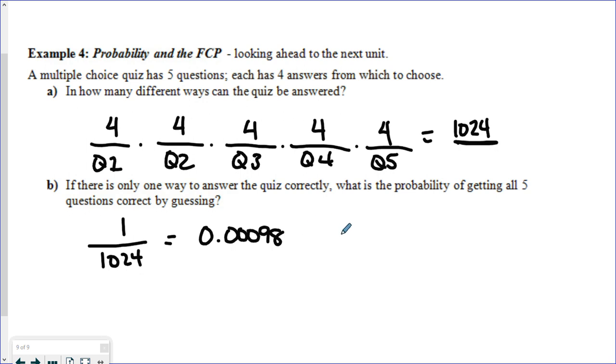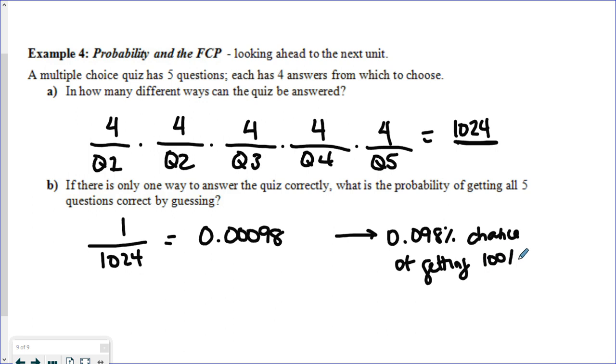You could convert that to a percentage, which we'll do in probability, so 0.098 percent by multiplying by 100%. That's a chance of getting 100% by guessing. On only a 5-question test, I have less than a 0.1% chance of getting 100% just by guessing.